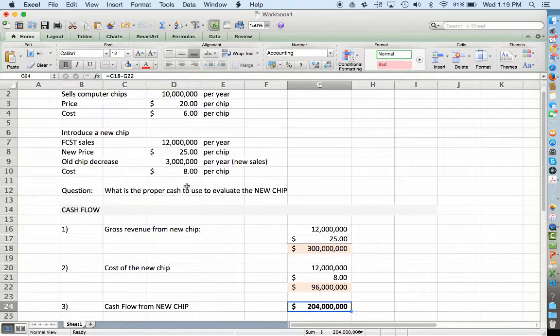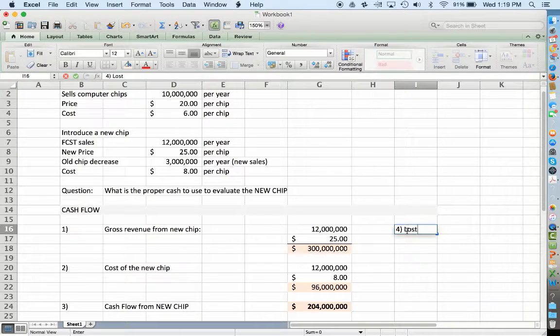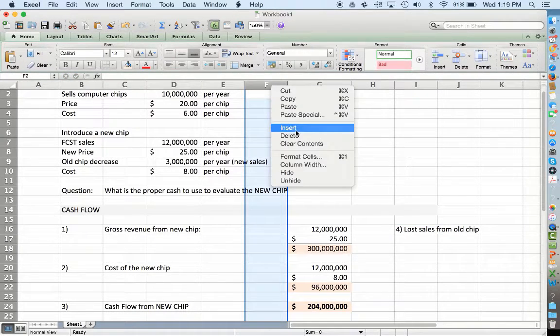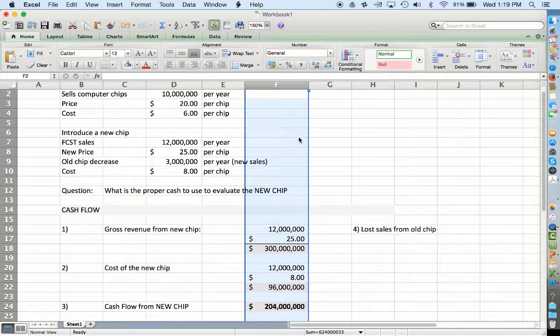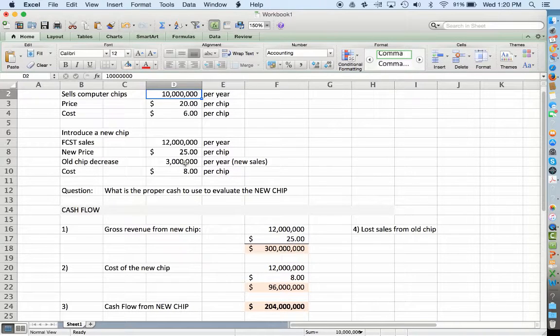Okay, now I have this old chip to think about. So I'm going to have to consider lost sales from old chip. So I go from 10 million to 3 million.